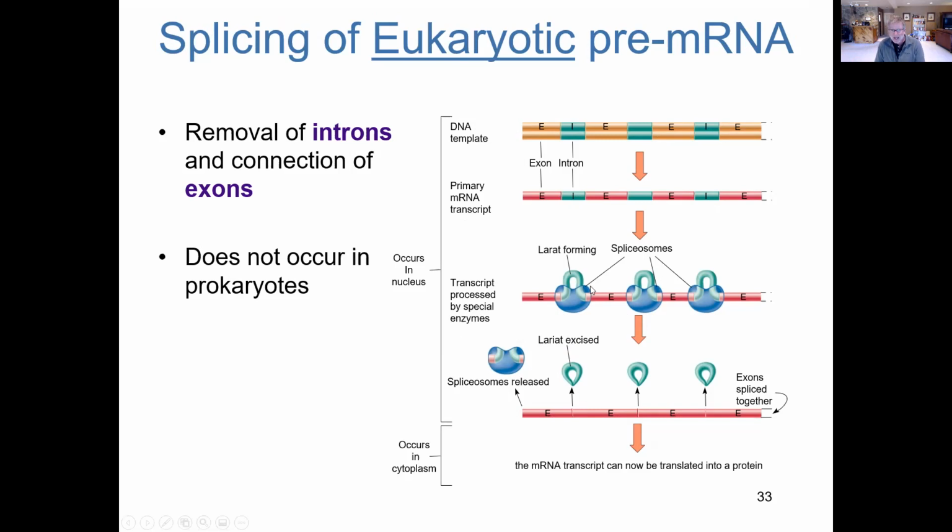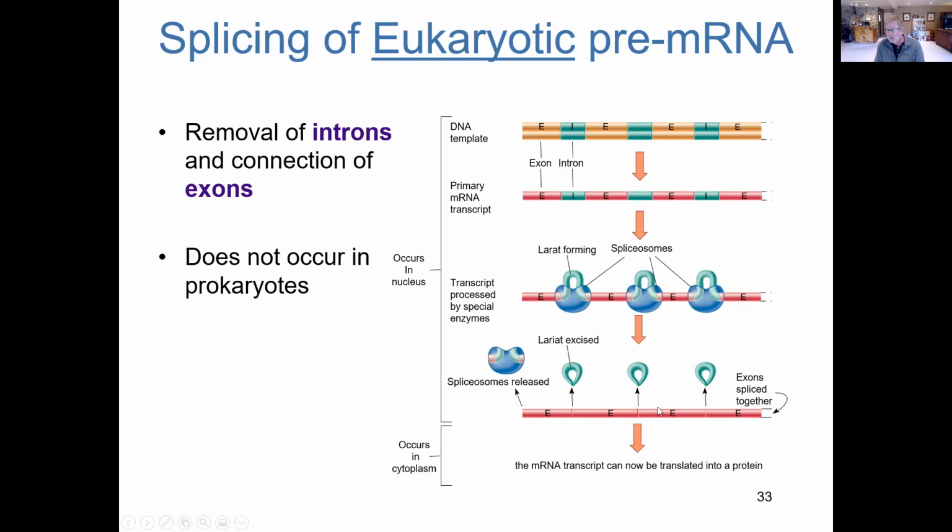And there are special enzymes that are going to help us do that. I'm not going to get into these spliceosomes, so don't worry about the terminology, but just understand what's going on. Basically, we have to modify the original transcript of the messenger RNA. We have to cut out the intron segments with the help of specific enzymes, and then splice together the exon segments.